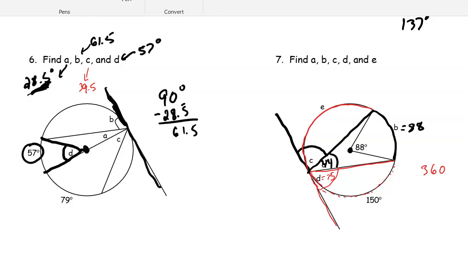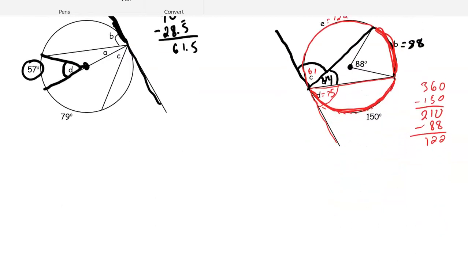We know from here to here is 150, so we would subtract 150. That would leave us with 210. From here to here is 88, so we would subtract 88 from that. That's 122, I think. Yeah. And then what that would tell us is E would have to be 122 degrees. And if that's 122, angle C would have to be half of that, which is 61.